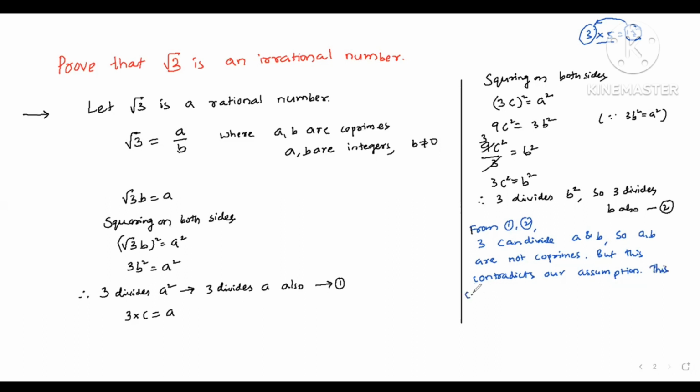This contradiction has arisen because of our assumption, so our assumption is wrong. This statement you can write in your own way also. Therefore, root 3 is irrational number. That's all.